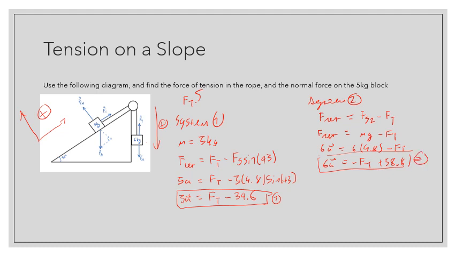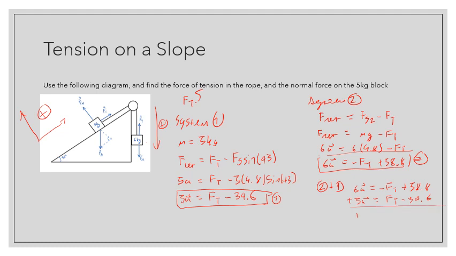Now we can use elimination to solve for the acceleration, and then plug the acceleration into one of our equations to find the force of tension. So we do 2 plus 1. 6a is equal to negative Ft plus 58.8, plus 5a is equal to Ft minus 34.6.